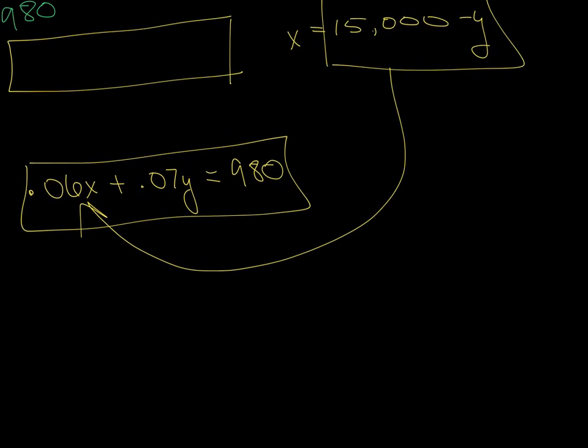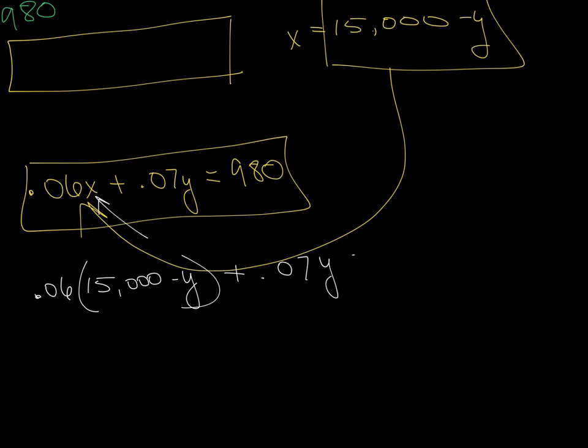Alright, so we are going to put this here, 15,000 minus y, in for this x right here, since it says x equals that. So it's going to be 0.06 times 15,000 minus y that we put in for x. We didn't do anything with the 0.07y, didn't do anything with the 980, so we'll leave those there.